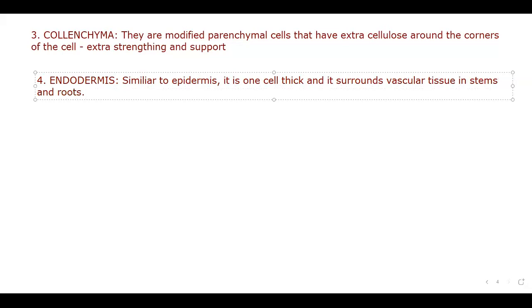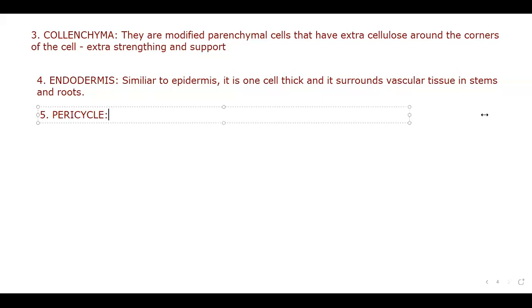Then we have our final important structure, which is pericycle. I mentioned pericycle to you guys in the structure of roots. Now we can understand what pericycle actually is. Pericycle is a layer of cells.